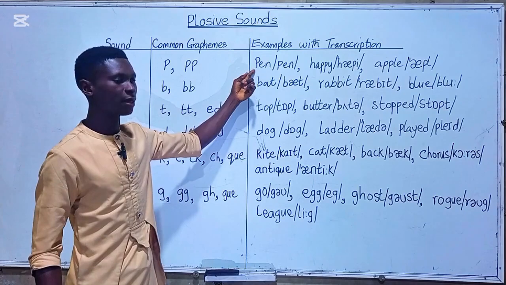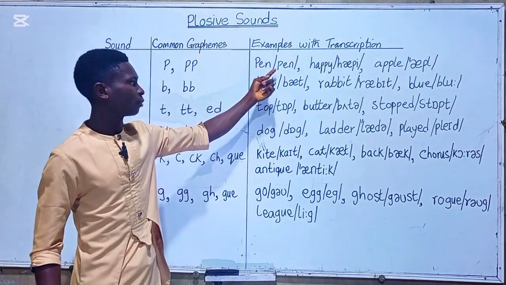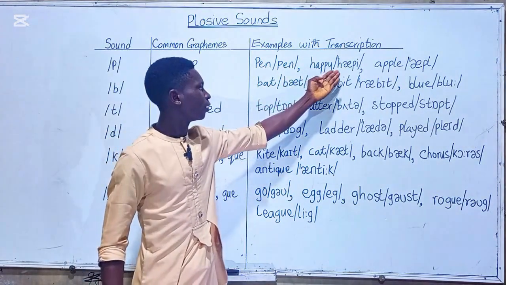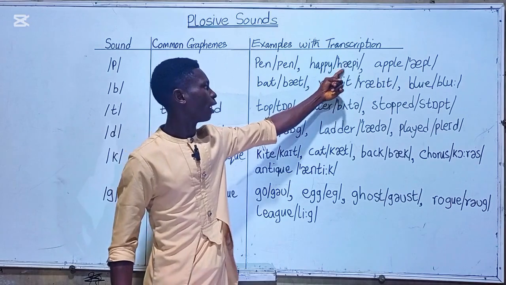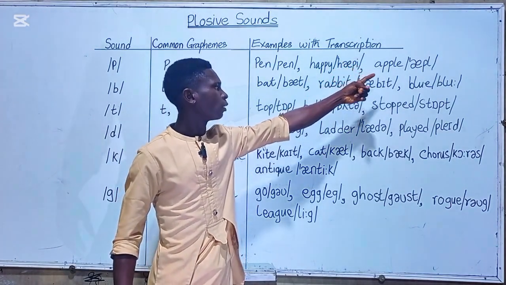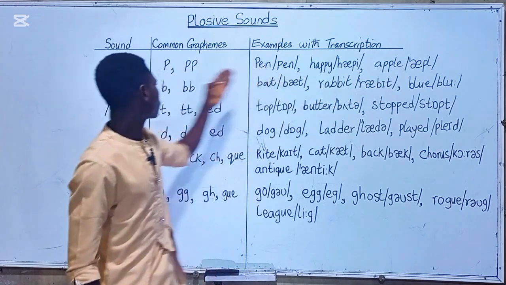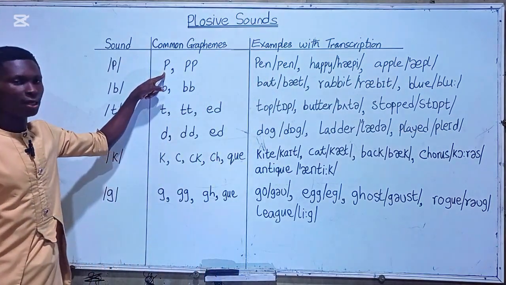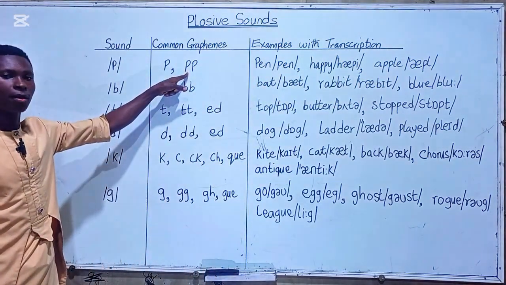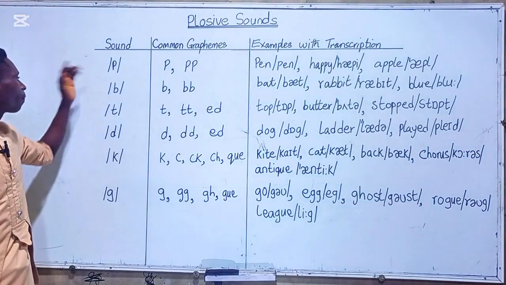In place of P, we have the sound P in the transcription. Then in happy, the same thing. In place of PP, we have the sound P. And then in apple, in place of PP, we have P. So letter P or PP is the spelling of the P sound.